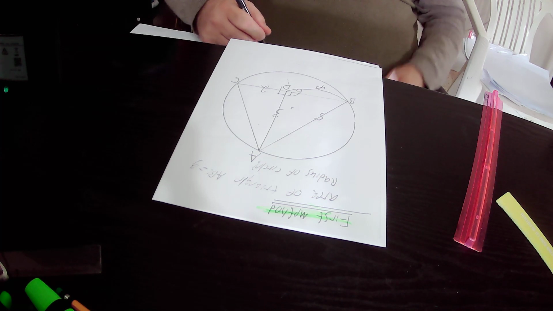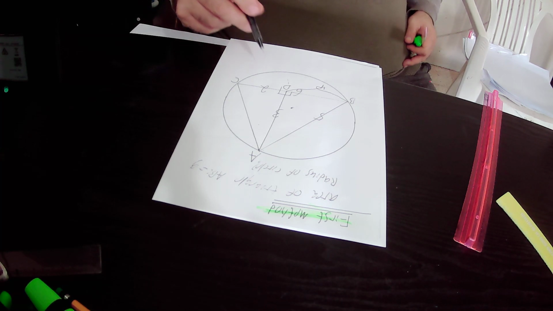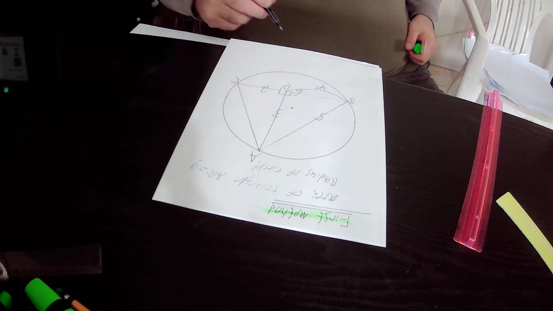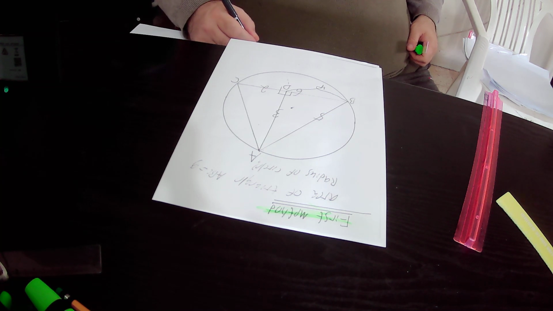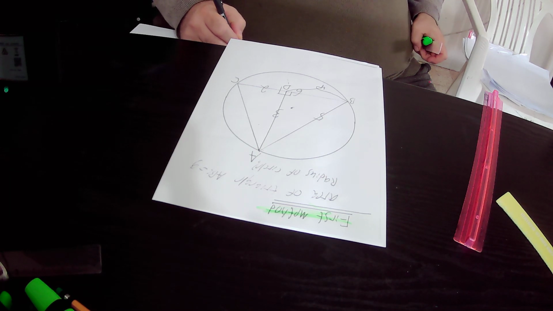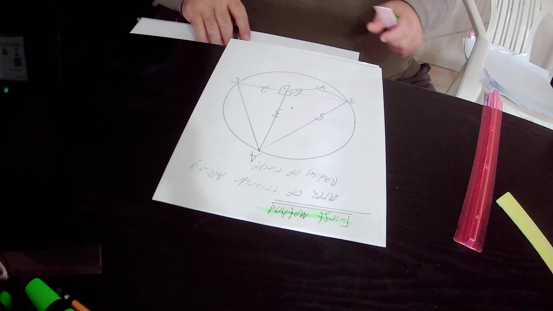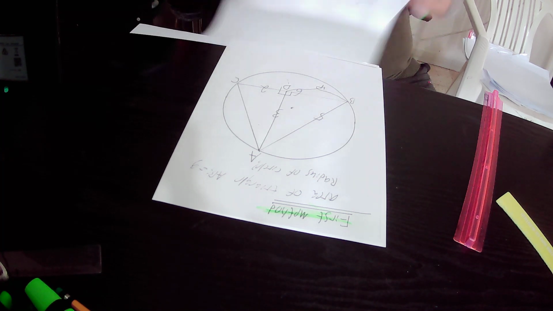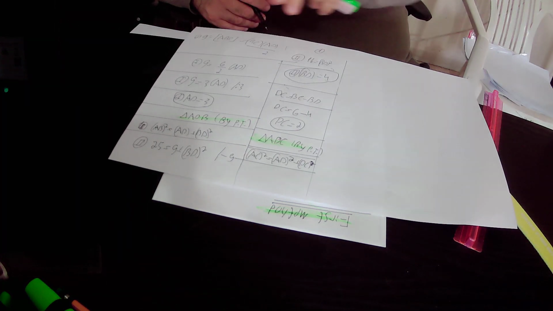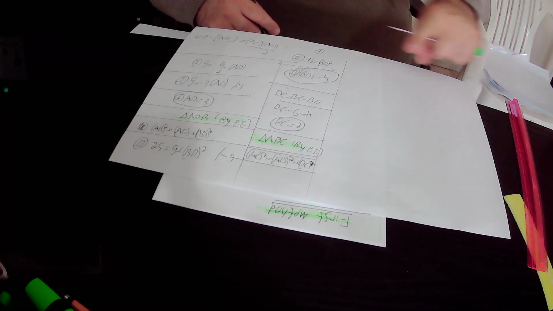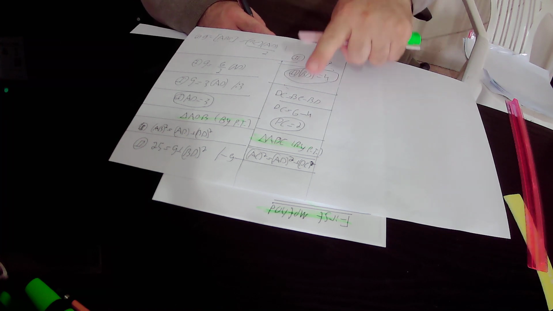That is equal to AD square plus DC square. I'll repeat again. In the right triangle ADC, according to the Pythagoras theorem, we get that AC square equals AD square plus DC square.